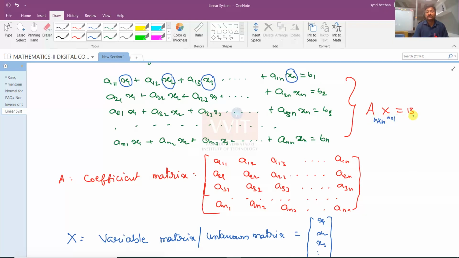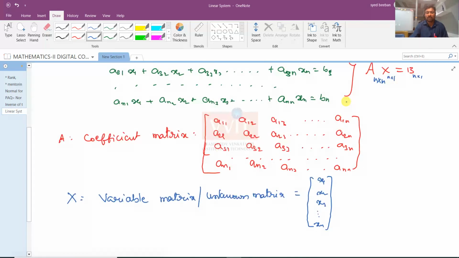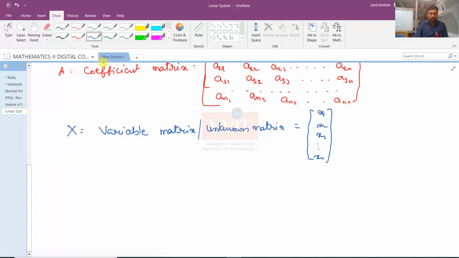So I also write the constant matrix as a column matrix of order n by 1, which holds n rows and only one column. Now B is the constant matrix, which is b1, b2, b3 and so on up to bn.